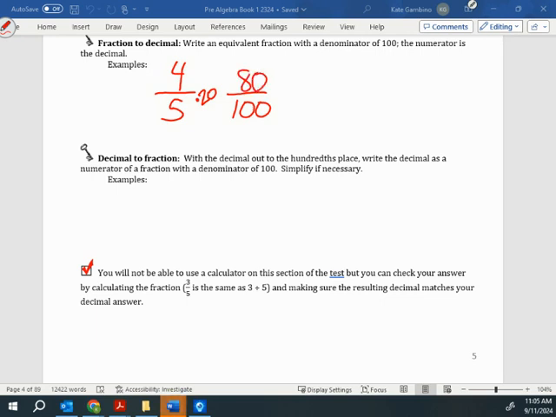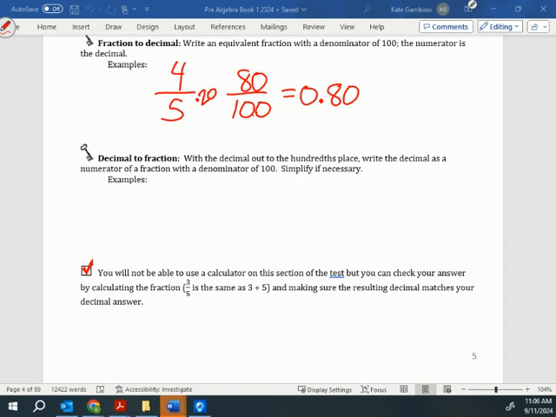Now it says the numerator is the decimal. So I'm going to look at this and say, huh, I have an 80 as a numerator. That is the same as putting that 80 right after my decimal. 80 hundredths is the same as 80 hundredths.